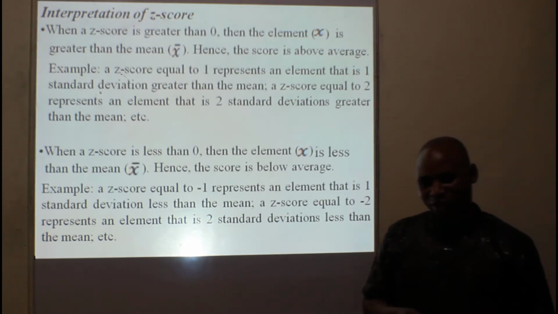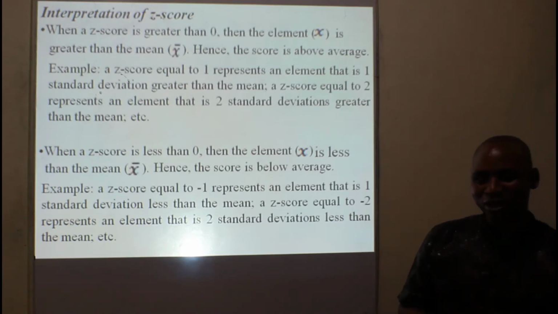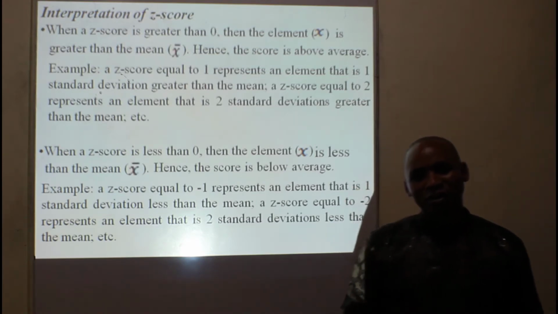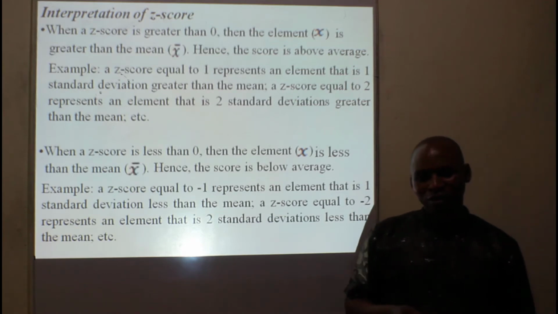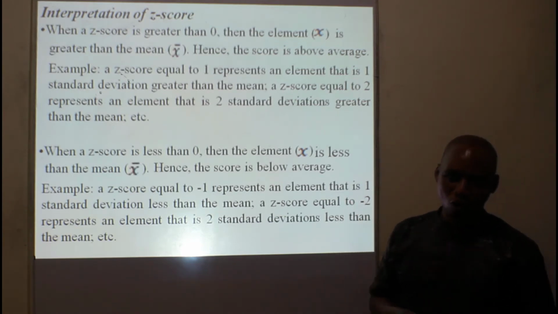In other words, it is a score or an element below the mean of the data set, that's below average score.